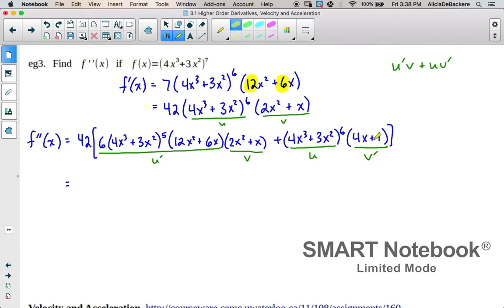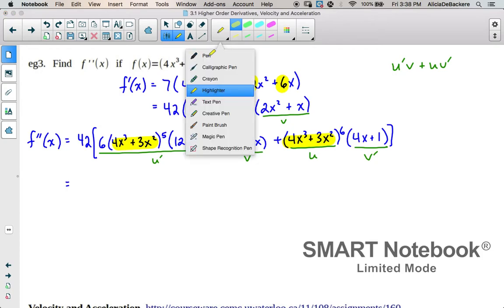There's no coefficient here for me to take a look at, so I'm not going to pull out the 6. Now, the next thing I notice is that I've got 4x cubed plus 3x squared, and I've got it over here repeating. So there's definitely a common factor of that. Other than that, there's no bracket here that matches this bracket over here. So I'm kind of stuck.